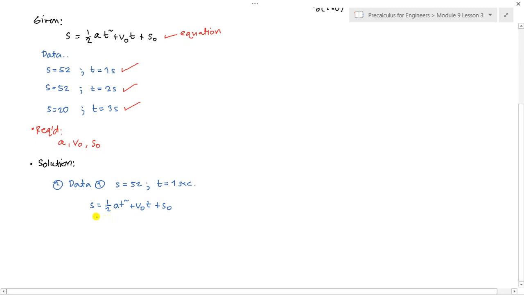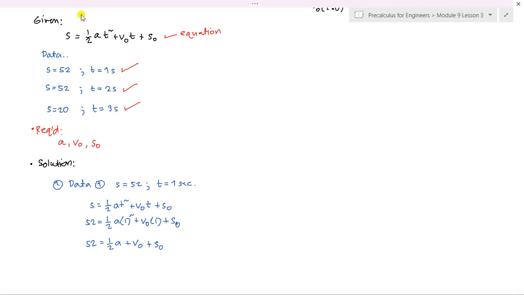So here, substituting the values of S and T, we have 52 is equals to 1/2 A times 1 squared plus V naught times 1 plus S naught. Simplifying, that is 52 is equals to 1/2 A plus V naught plus S naught. This would be our equation 1.